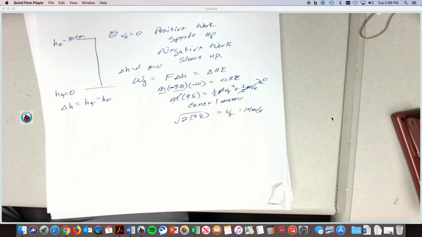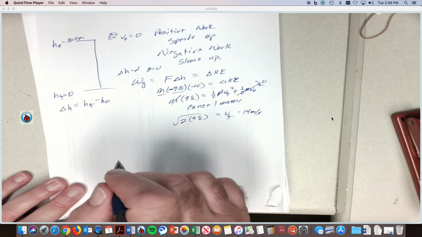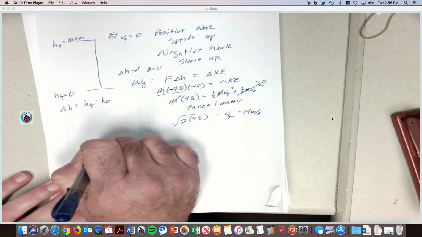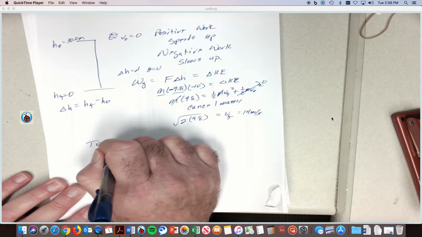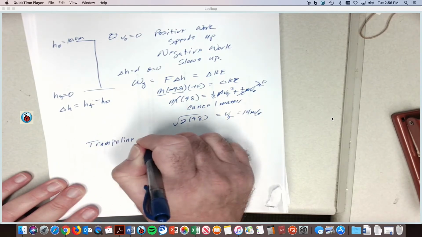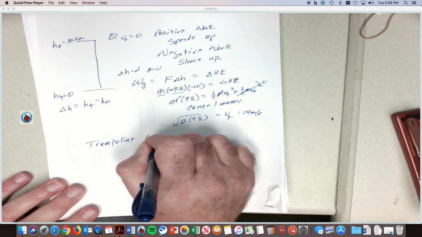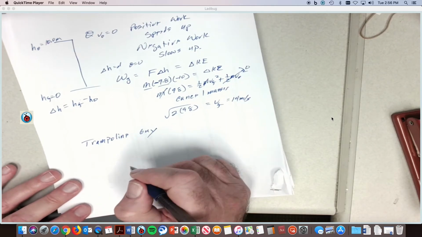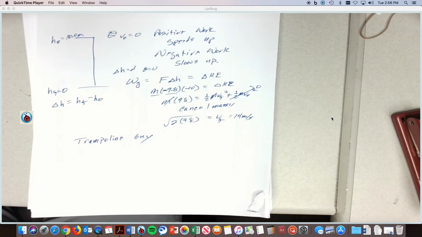Now, the guy on the trampoline. He's going to take off and he's going to do negative work. His work is going to be negative, so he's going to be slowing down from his initial velocity, because we know his final velocity is going to be 0.